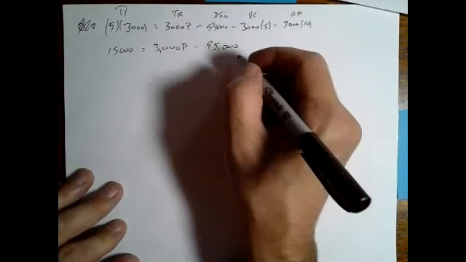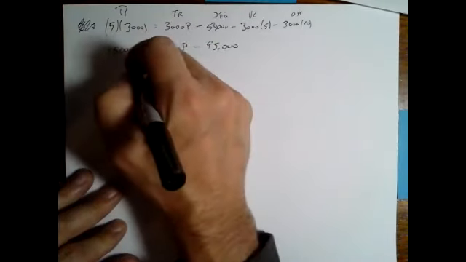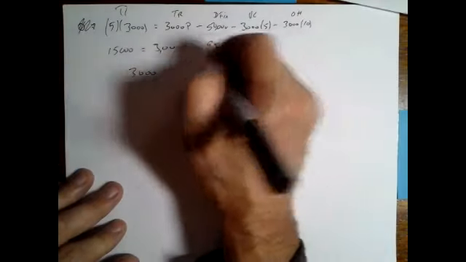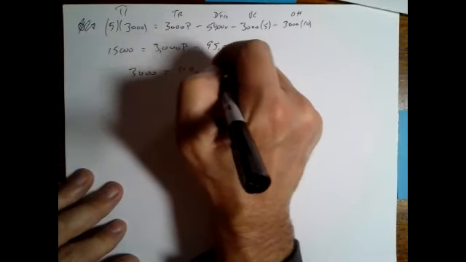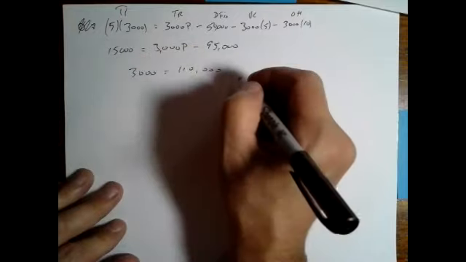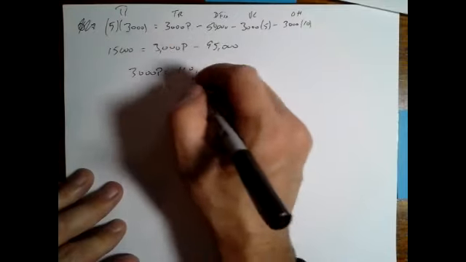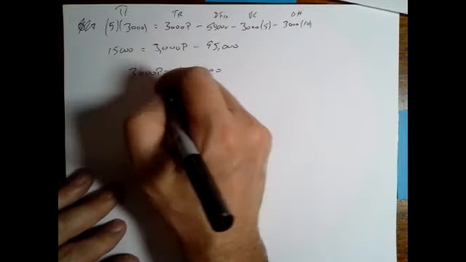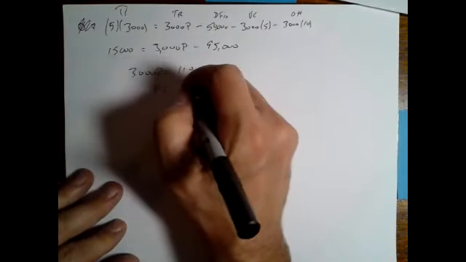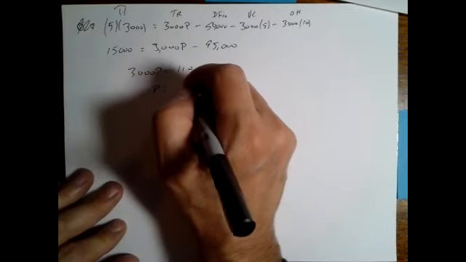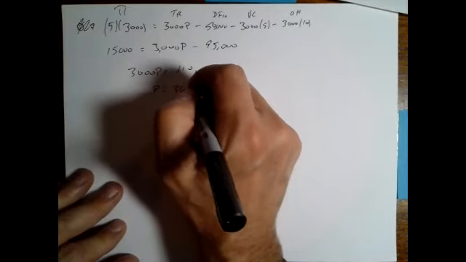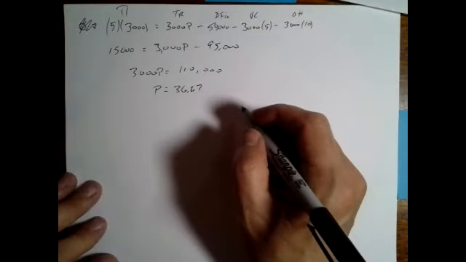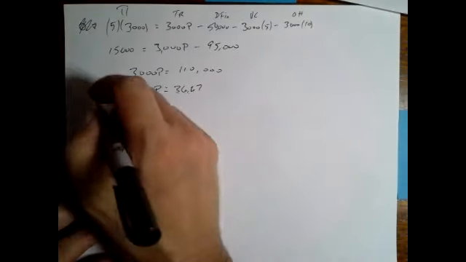I add 95,000 to both sides, and I get 3,000 P equals 110,000. I divide both sides by 3,000, and I get P is equal to 36.67.